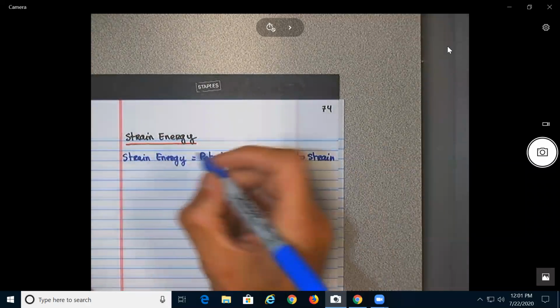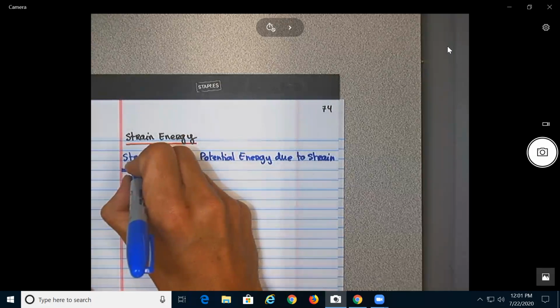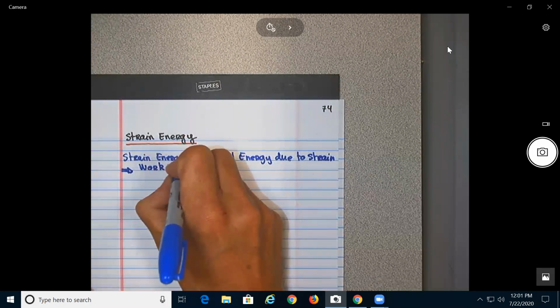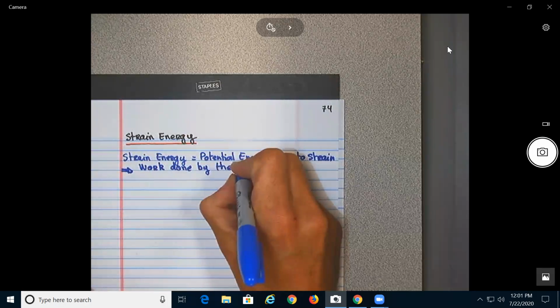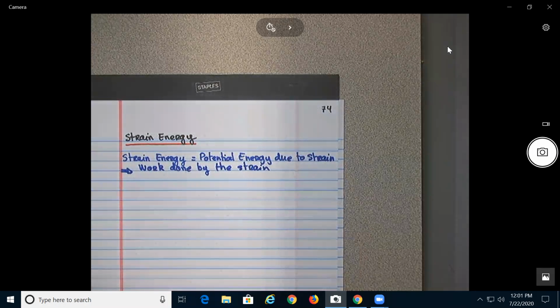But really, for me, it should be called work done by the strain, which is what the expression we just derived shows, no?